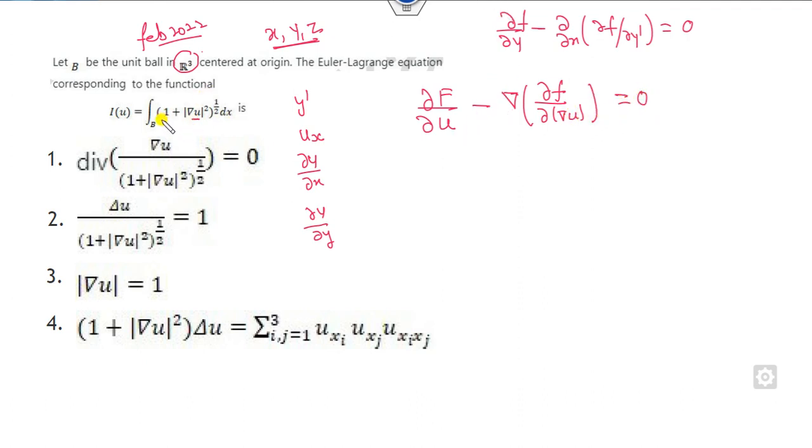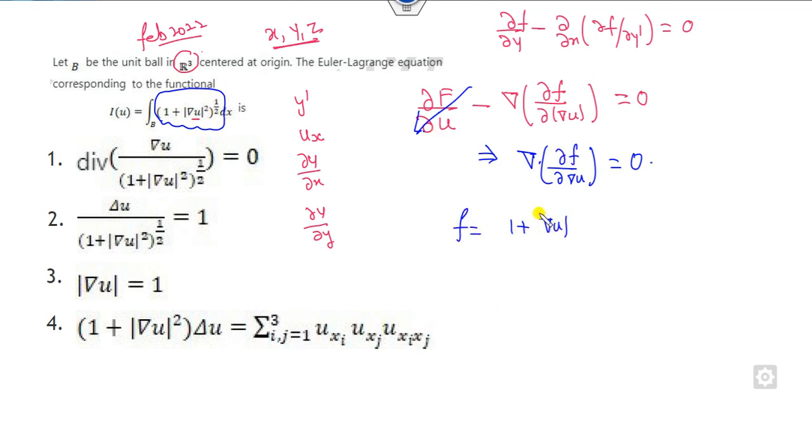Now look at that. This is my f. What is the partial derivative of f with respect to u? 0. So what is the meaning of that? Now you have to find how you can find this solution. You can find the partial derivative of f, square root of 1 plus gradient u square.